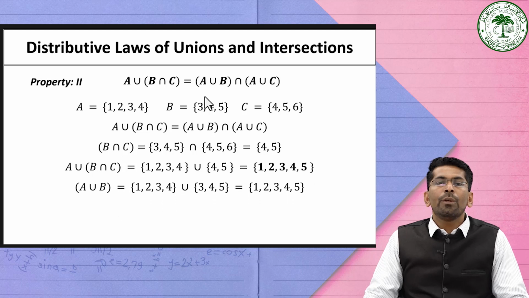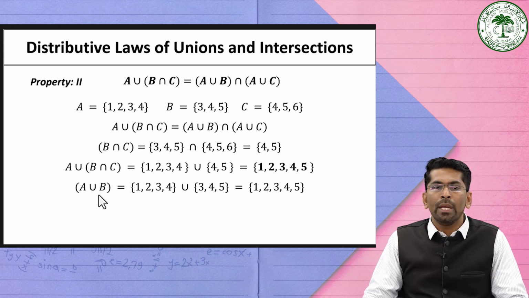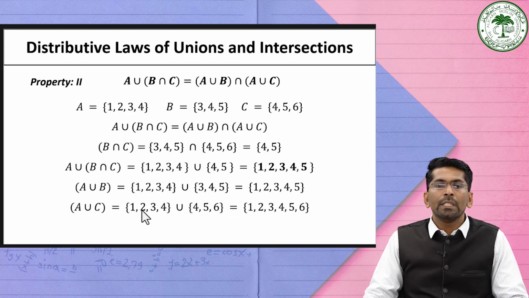Similarly, we are going to find A union B intersection A union C. So first here we are considering A union B. A is equal to 1, 2, 3, 4 union 3, 4, 5, which is equal to 1, 2, 3, 4, 5. Similarly, A union C is equal to 1, 2, 3, 4 union C, which is equal to 4, 5, 6.